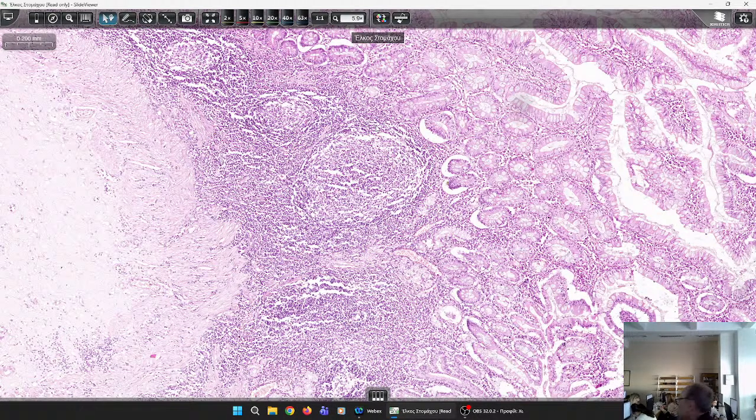Since there are no glands here close to the muscularis mucosae, look at the muscularis mucosae, there are no glands here, we have lymphoid follicles, so this is atrophic. This is atrophy of the gastric mucosa.